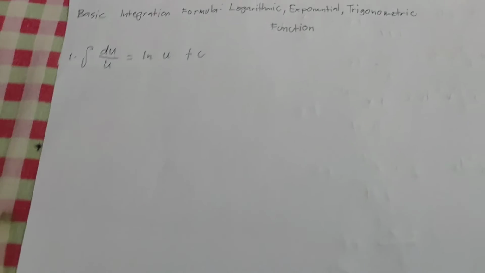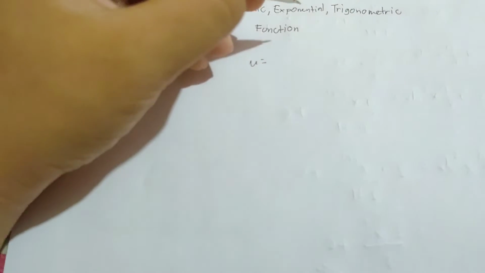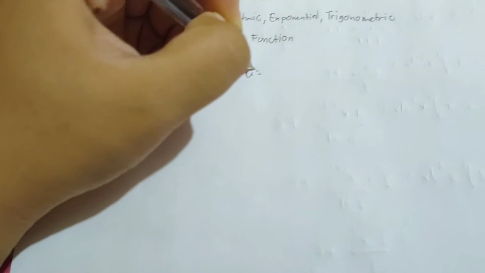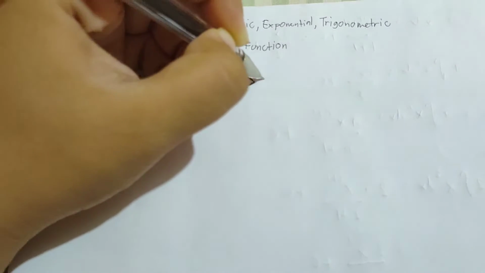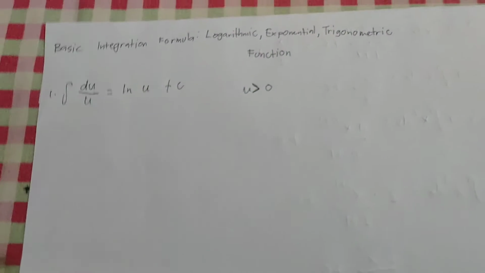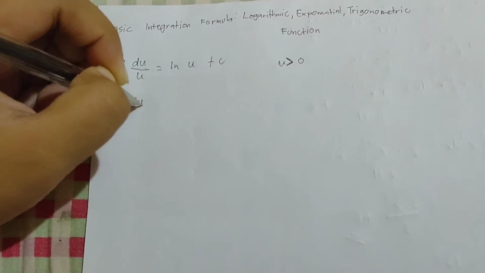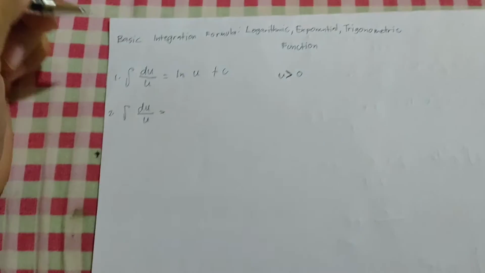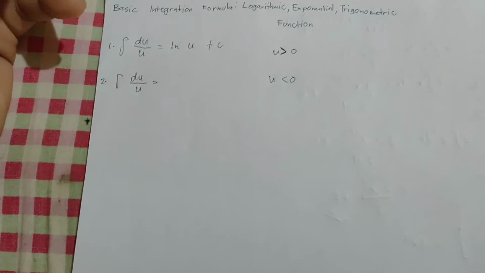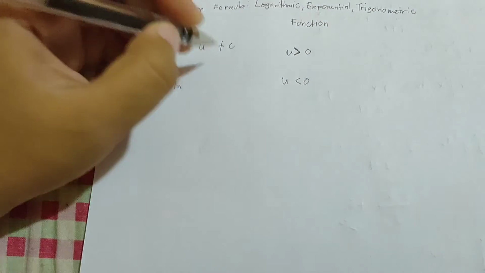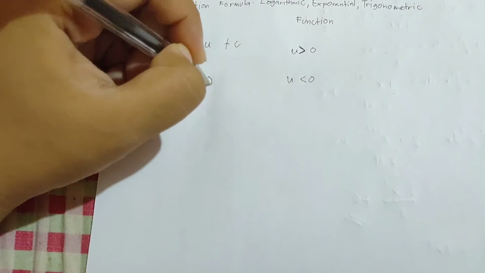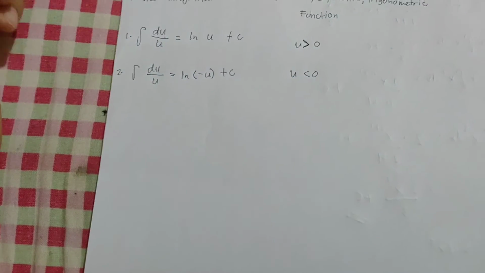If u is greater than 0. Number 2 is if our u is less than 0, the answer will be ln of negative u plus c.